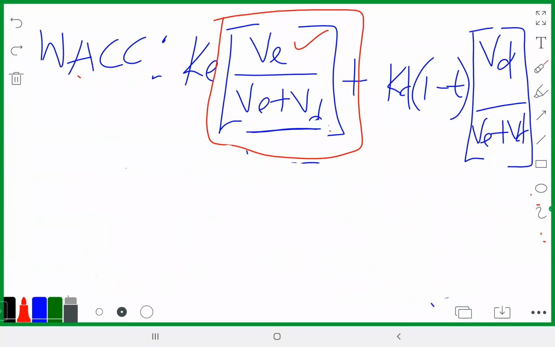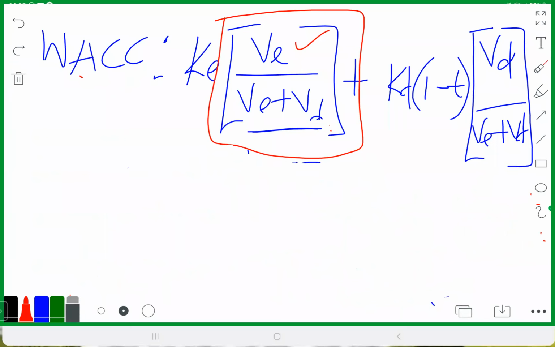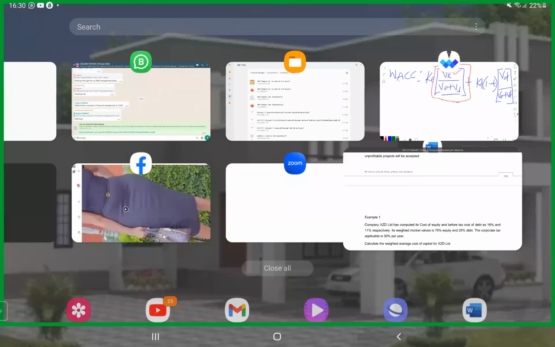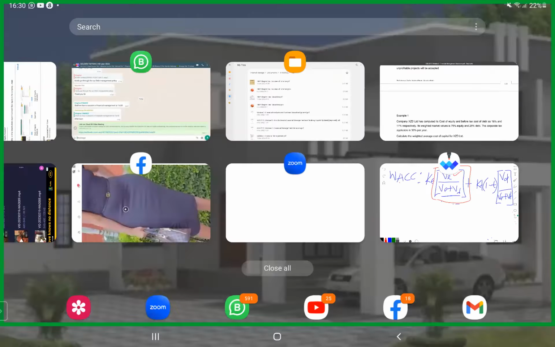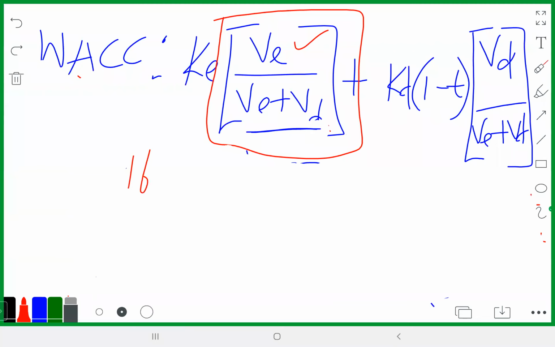What is the cost of equity? 16%, right? The cost of equity is 0.16, 16%. So we write 16%, that is the cost of equity, which is 0.16, multiplied by, now this part, the value of equity expressed as the total sum of the value of equity plus the value of debt.